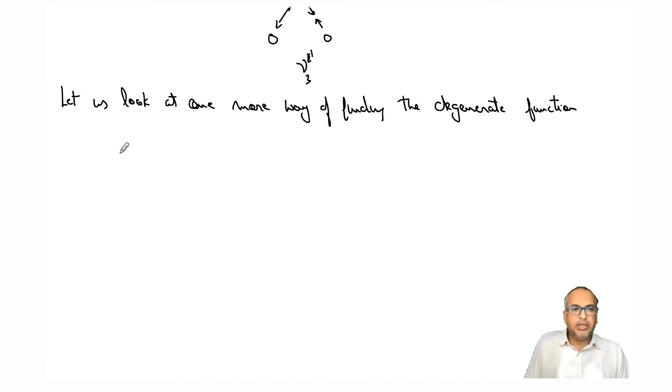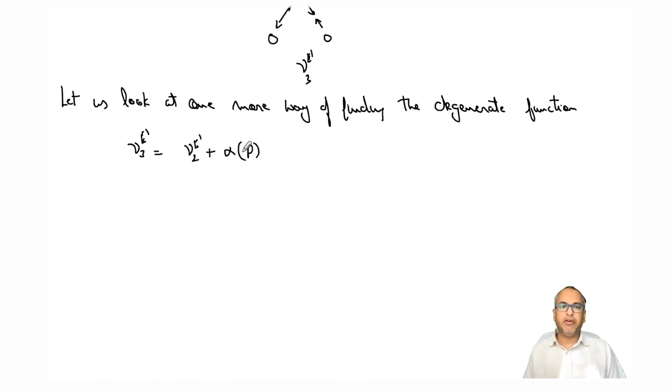So now let's say nu3 E prime can be written as a linear combination of nu2 E prime and some alpha times p, which we have obtained earlier, right? When we applied C3 onto this, we obtained a linear combination which was termed as p.